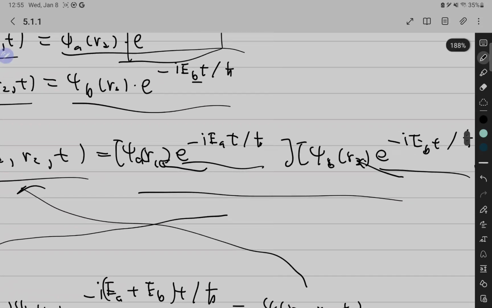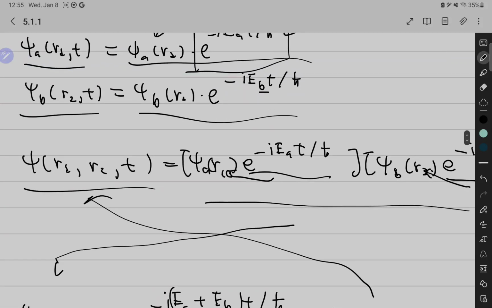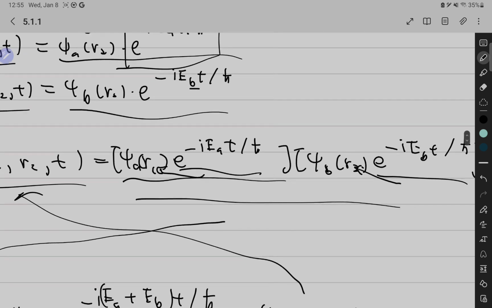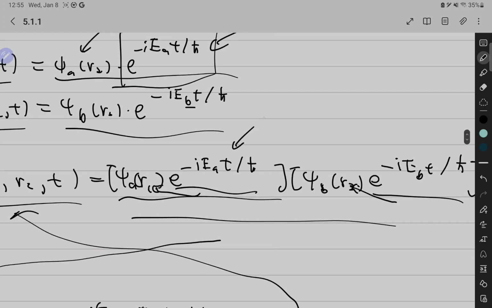Because phi(R1, R2, T) consists of these two parts, which correspond to A and B. And for the A part, you have the spatial solution and the time evolution operator, so this just turned into phi A(R1, T), right?